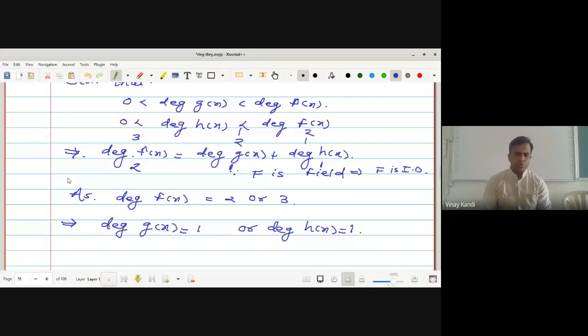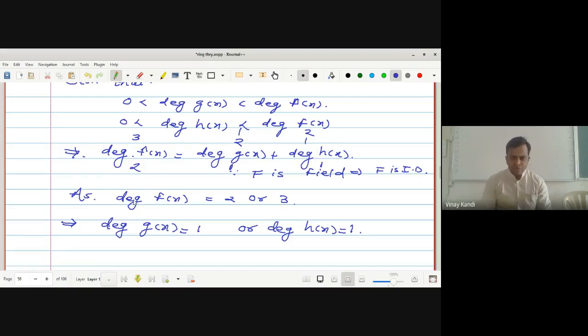So if degree of f of x is either 2 or 3, at least one of them, g of x or h of x, must have degree 1. The degree of g of x is equal to 1 or degree of h of x is equal to 1. At least one of the two must have degree at least 1. See the possibilities: if it is 2, both will be 1 and 1. If it is 3, this one will be 2 and that one 1, and another possibility is this one 1 or that one 2.